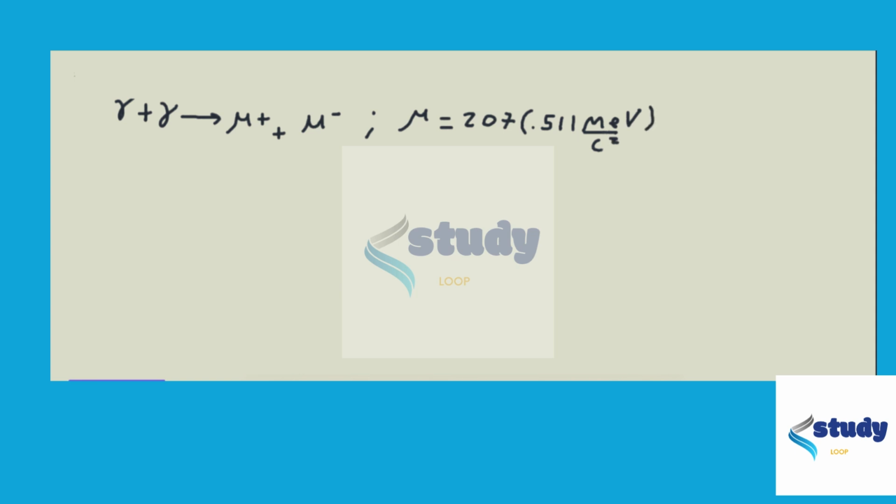For a single muon, that gives us a value of 105.8 MeV per c squared. Now there's two muons, two photons, so one photon needs to supply that much energy. The other photon will supply the other amount of energy. So the minimum energy needed to make this muon is 105.8 MeV, but they come as a pair. We'll just look at one.